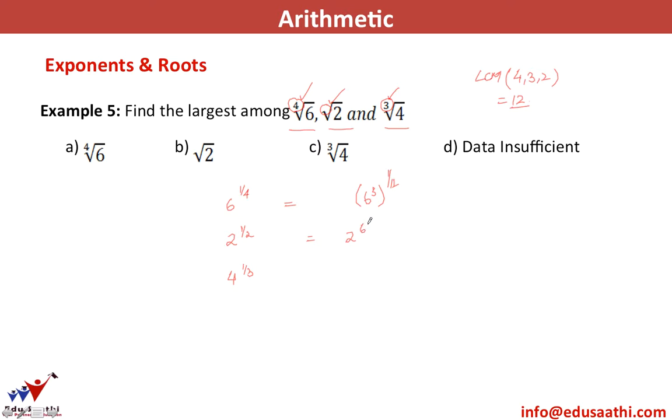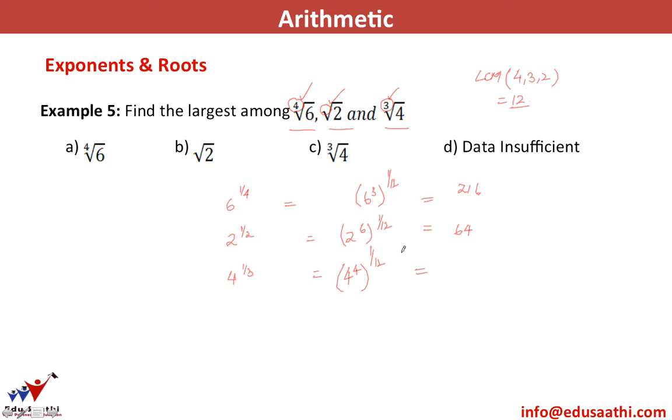This will be 2 raised to power 6 and 1 by 12. This will be 4 raised to power 4 and 1 by 12. So if I just solve it out, 6 cube is 216, 2 raised to power 6 is coming out to be 64, and 4 raised to power 4 is 256.